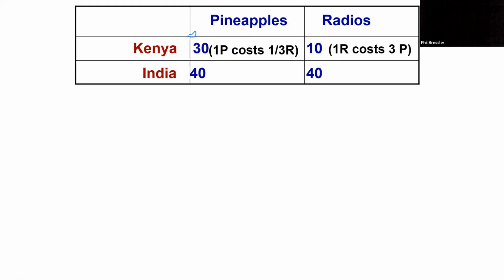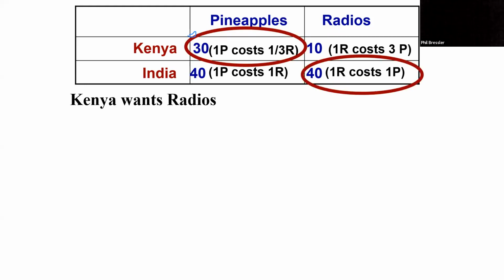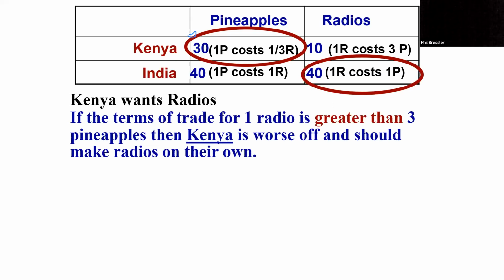Okay, and here was the other over, 10 over 30, so it'd be a third, 1, and we said Kenya has the lower opportunity cost, and this is just what we did there. Okay?